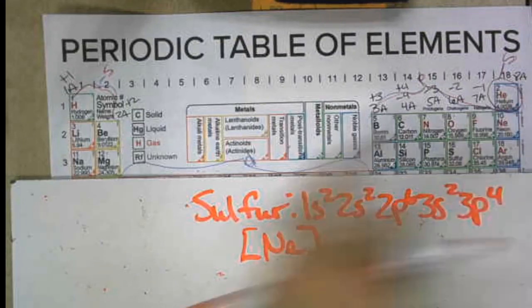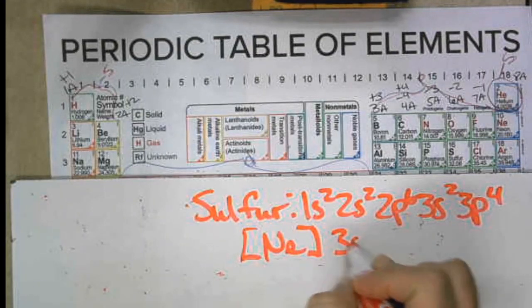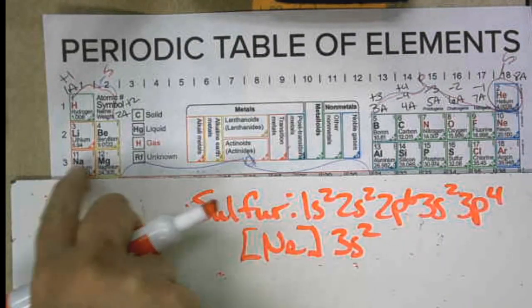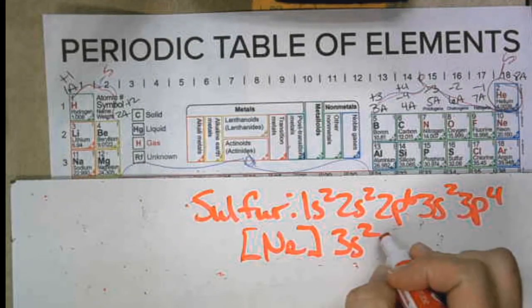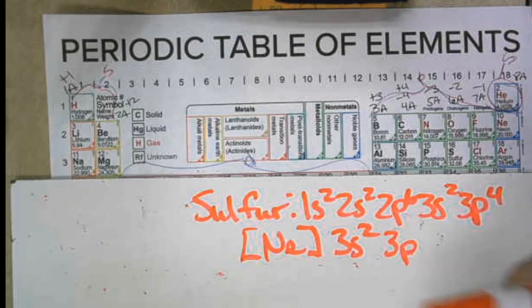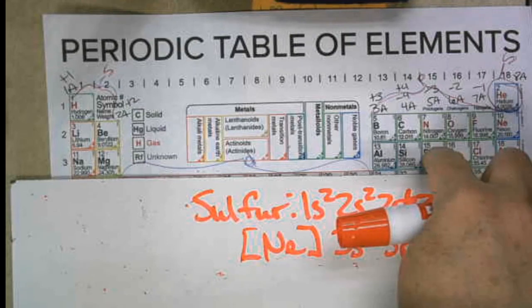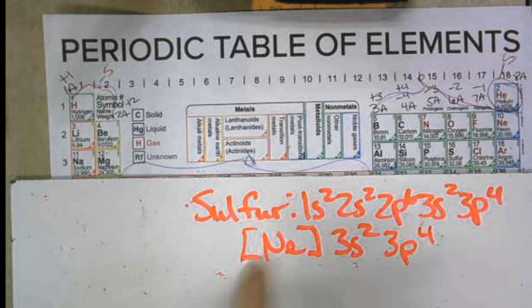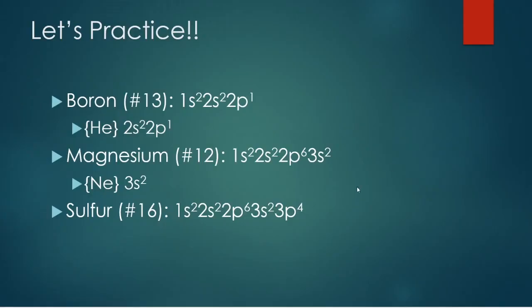And then I will continue. So then it's 3s2, okay, 3s2, 3p, and sulfur, 1, 2, 3, 4. And that would be the abbreviated version. See how much faster that was to write for sulfur, okay? All right, so that is the abbreviated.